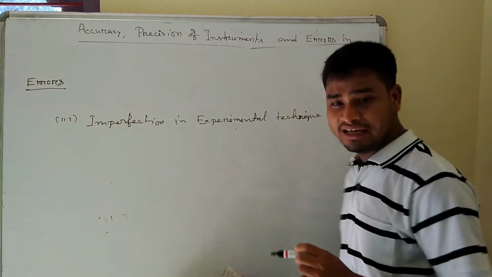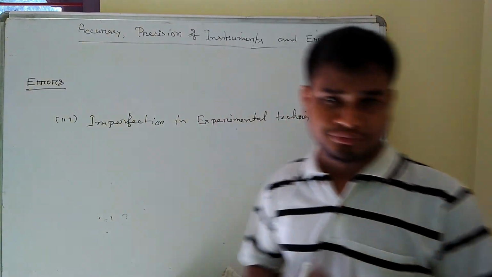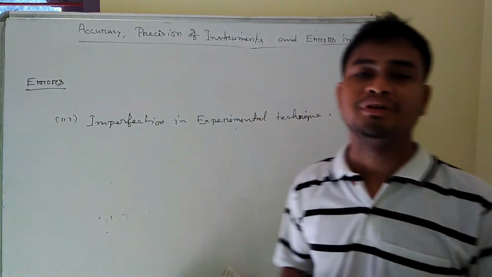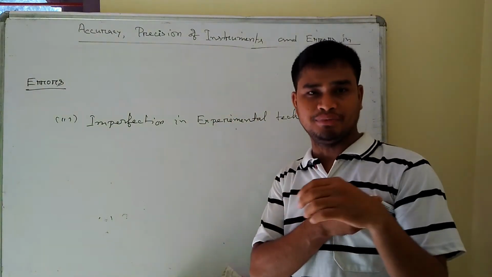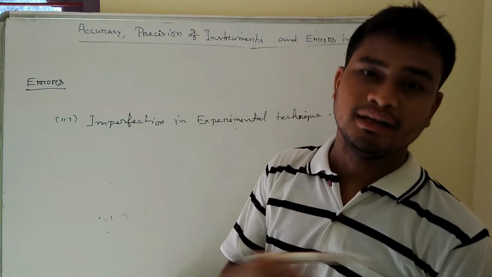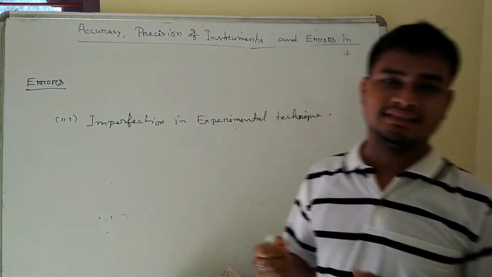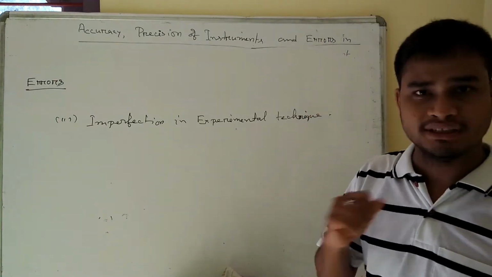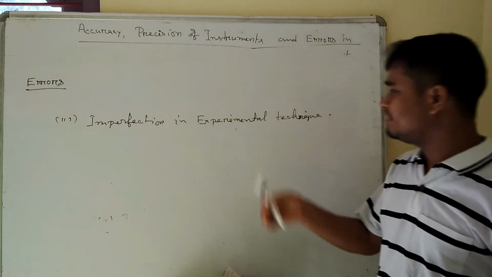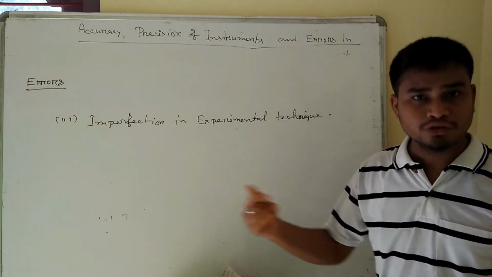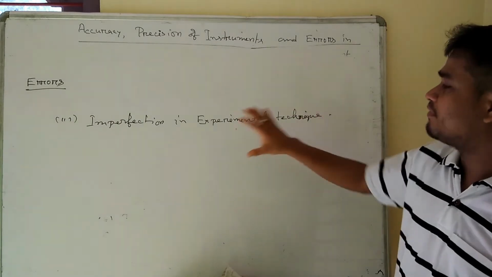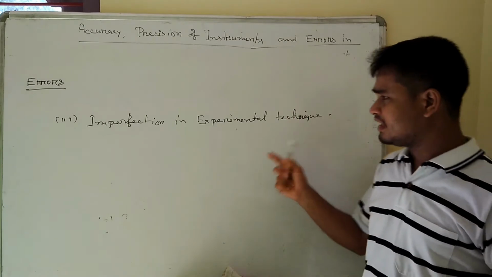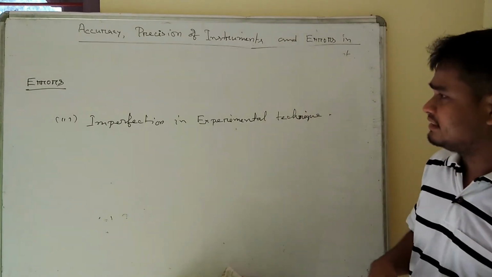Okay, in the NCERT book it is given that when we measure the temperature of the body by a thermometer, we place the thermometer like this in the armpit, then we get the value, but this value is always less than the temperature of our body, always less. That is, the value is less than the true value. That occurs due to imperfection of experimental technique. Okay, in experimental technique this kind of error arises.